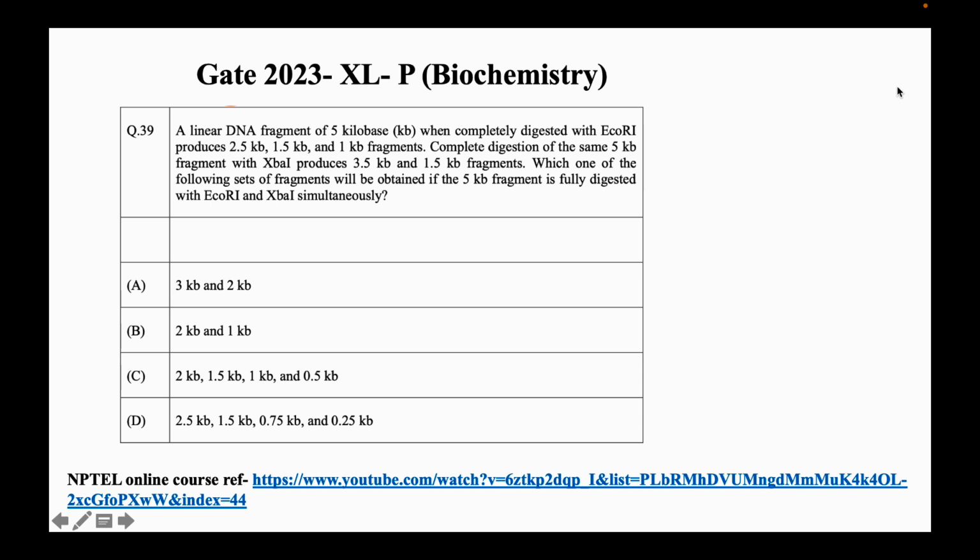Which one of the following set of fragments will be obtained if the 5 kb fragment is fully digested with EcoR1 and XbaI simultaneously? The options are: A, 3 kb and 2 kb; B, 2 kb and 1 kb; C, 2 kb, 1.5 kb, 1 kb and 0.5 kb; and D, 2.5 kb, 1.5 kb, 0.75 kb and 0.25 kb.